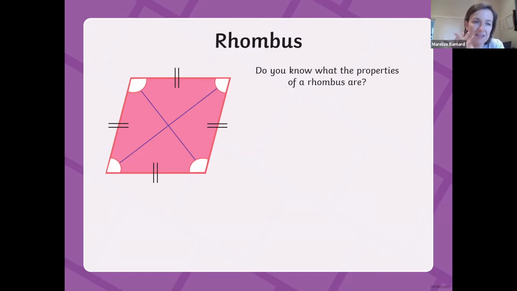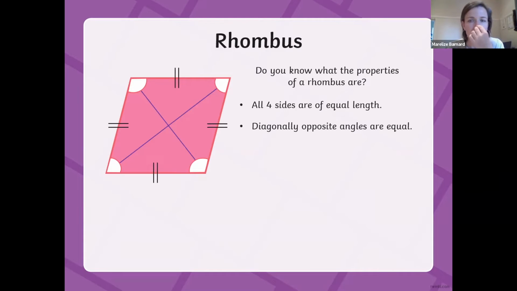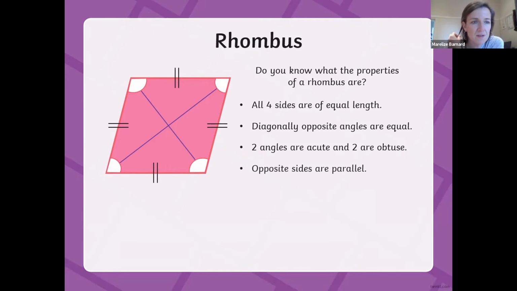The diagonals bisect at 90. Well done, yes. Sides are parallel. The opposite angles are equal. Two of them are acute and two of them are obtuse.